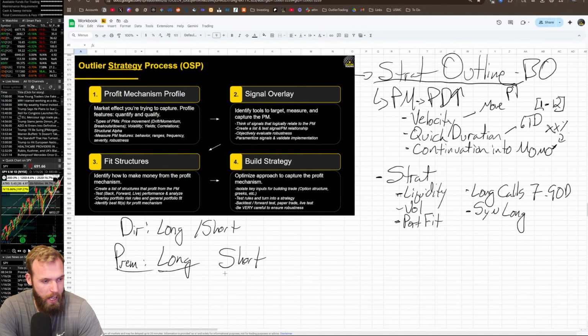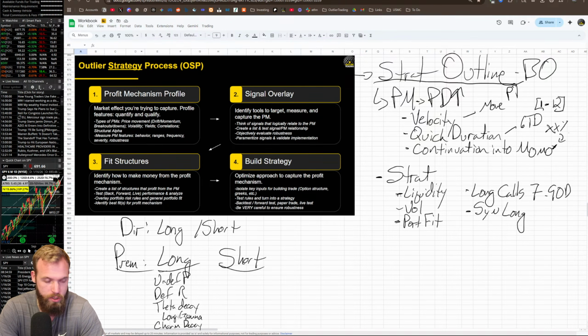We know that if we're long premium, typically speaking, we're going to see undefined profit and defined risk. We also know that we're going to experience theta decay, typically going to be long gamma. We also know that we're going to have stuff like charm decay that can negatively impact us and so on. And then essentially the inverse for short.